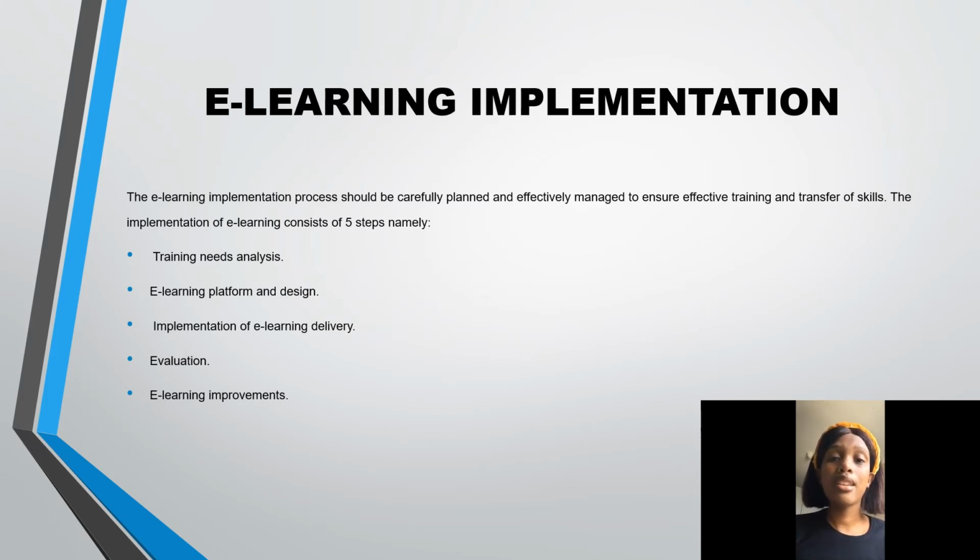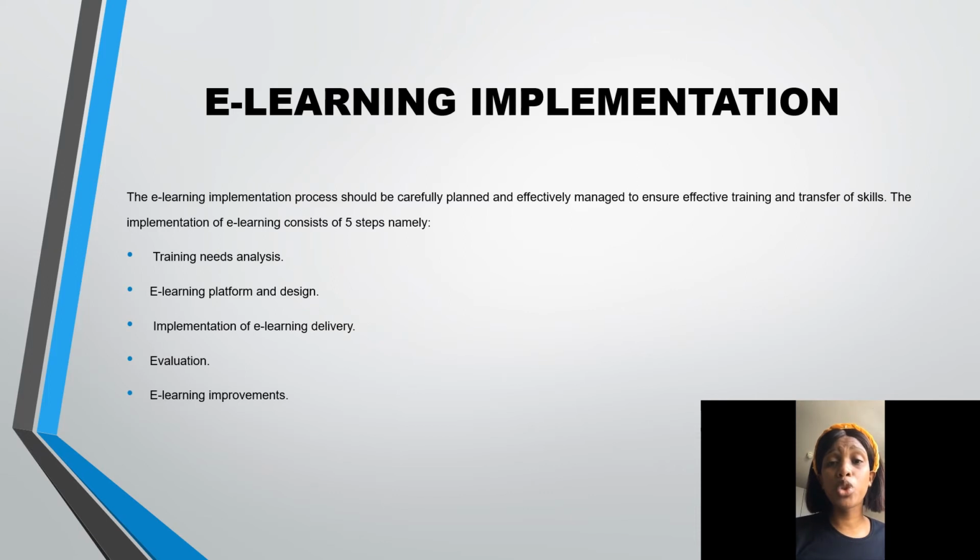By that I mean that the team behind this implementation of e-learning should be people that have the required skills, people that have enough knowledge regarding e-learning, computers, technology, software, and all that is needed to implement e-learning, and what is used when doing e-learning, basically.